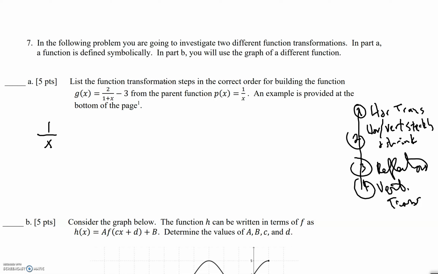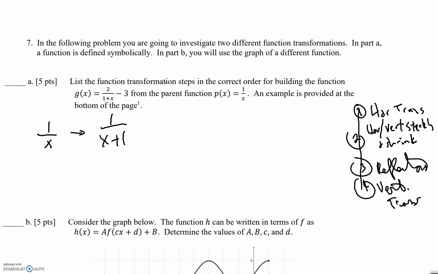So the first thing that I'm going to do is look to see if I have a horizontal translation, and I do actually. Because if I want to go from 1 over x, that denominator needs to be x plus 1. So I need to go from this to this.